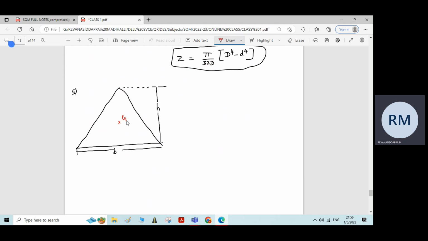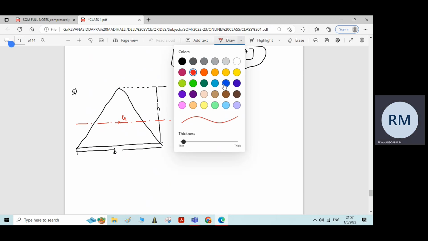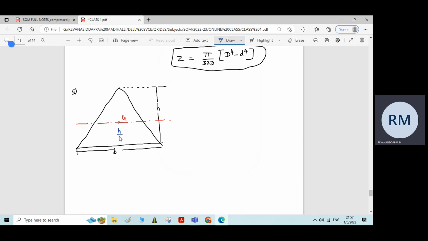Here we will have the centroid, and let me write the neutral axis. In this case, the distance of the centroid from the base will be h by 3, and from the apex it will be 2h by 3.